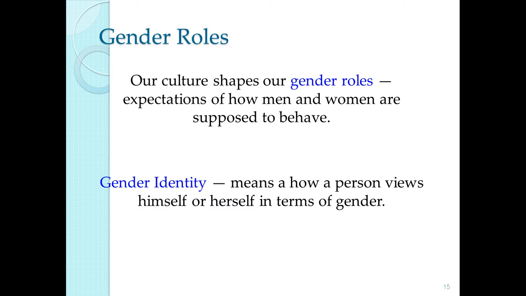So attitudes about gender roles vary over time and over cultures. And it's a really interesting field, and I'm hoping that as we develop as a species, we will continue to become more progressive in our attitudes about what makes a person male or what makes a person female.